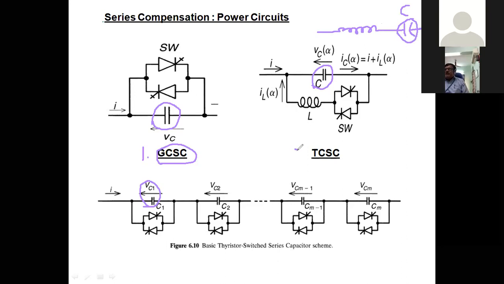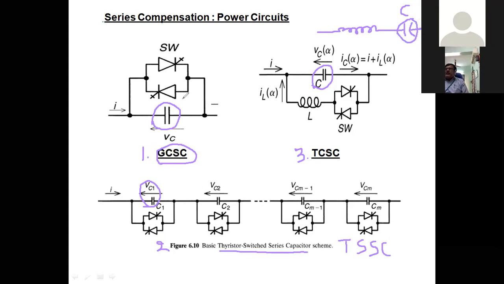As per the order we are discussing, this one is the second, TSSC, thyristor switched series capacitor, and thyristor controlled series capacitor is the third one. So in all these three circuits, the series capacitor is common.